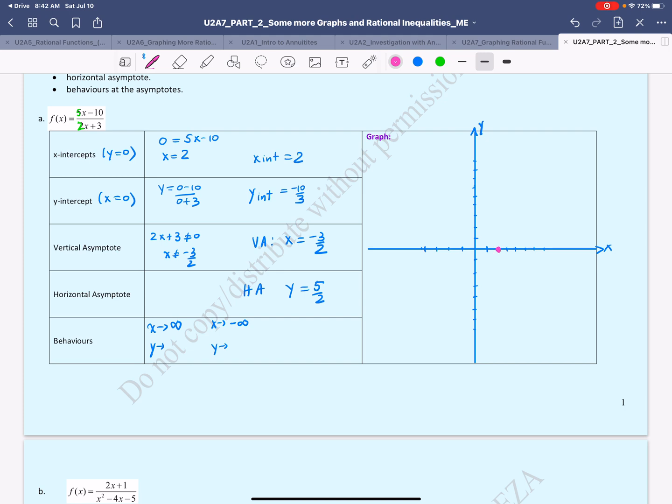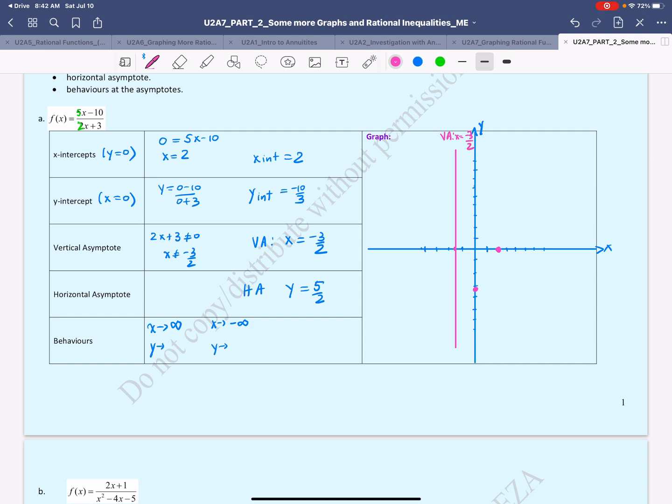We have a y-intercept at negative 3 point something. You have to find the decimal value of it using a calculator, but on the chart usually you want to show the exact values. And we have the vertical asymptote at negative 3 over 2, which means right at negative 1.5 here. I will label the vertical asymptote by its equation.